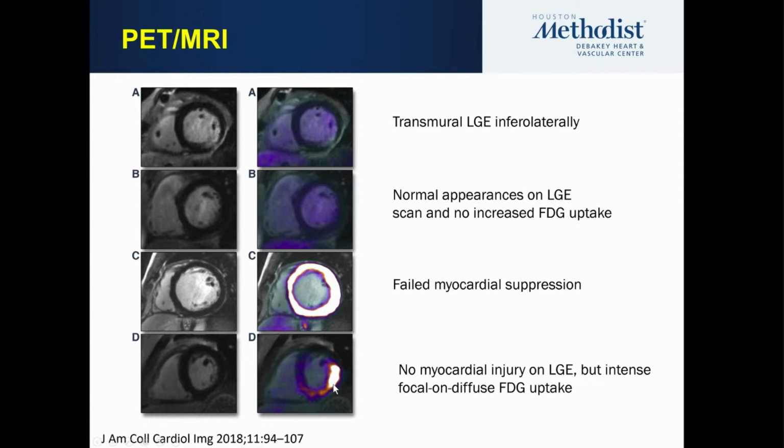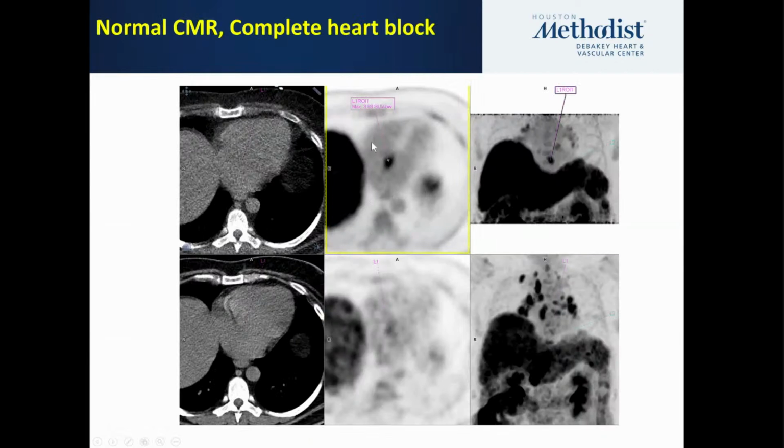So in early cases, you may end up having negative late gadolinium enhancement and positive PET. The second scenario, which we had a recent case here, is where the patient had complete heart block. This patient had no late gadolinium enhancement on MRI. You can see here that there is a very small focal uptake at the basal septum, and you can see multiple lymph nodes in the chest.